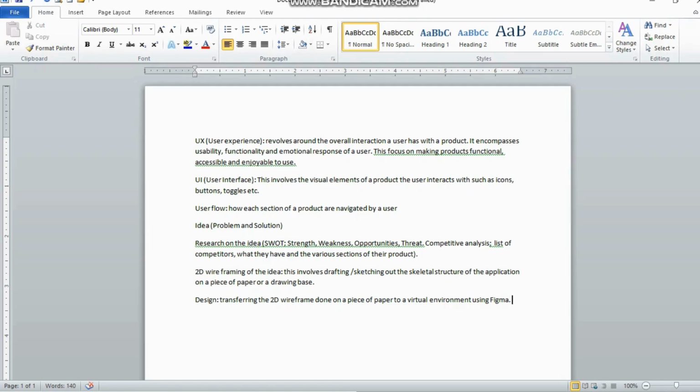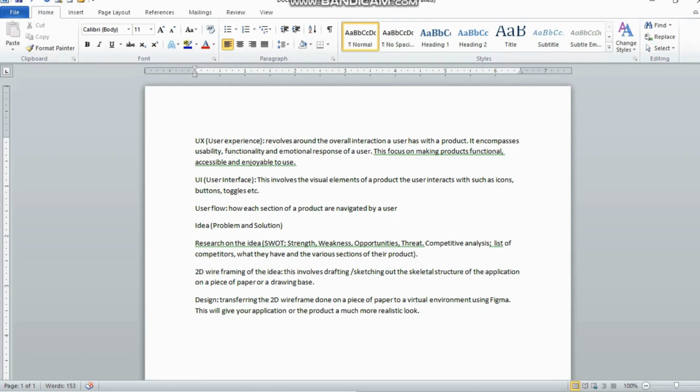Transferring the 2D wireframe done on a piece of paper to a virtual environment using Figma will give your application or product a much more realistic look.